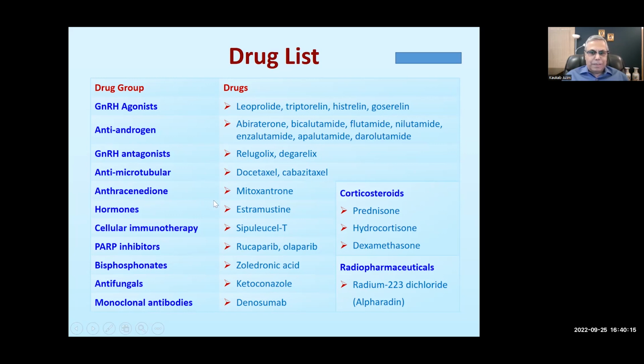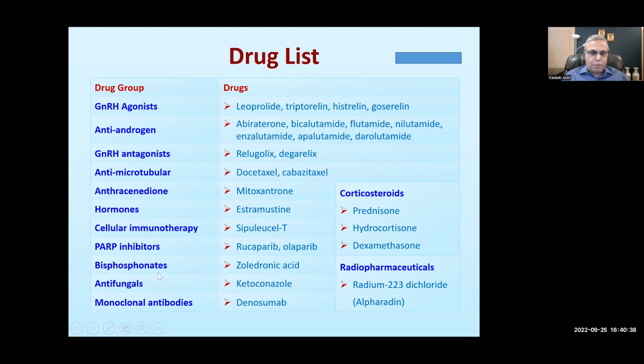Then we have got mitoxantrone. We have got hormones, estramustine. This is an estrogen, it is estradiol. Then we have got cellular immunotherapy, sipuleucel-T, very expensive therapy. PARP inhibitors, they are inhibitors of DNA repair enzymes. So rucaparib and olaparib.